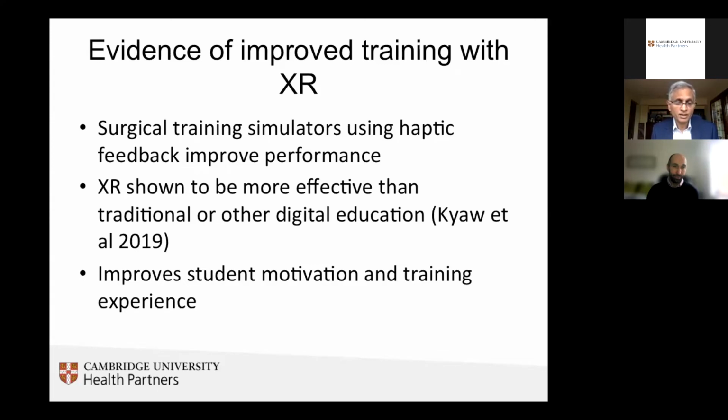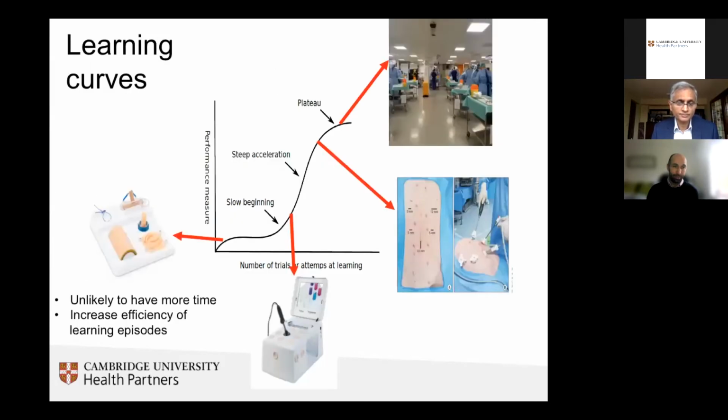There is some evidence that student motivation and training is greater, but that may be a self-select group. And then there might be more effective post-interventions than traditional digital education might already have shown. So early days yet for the use of extended reality, but certainly interest is increasing.